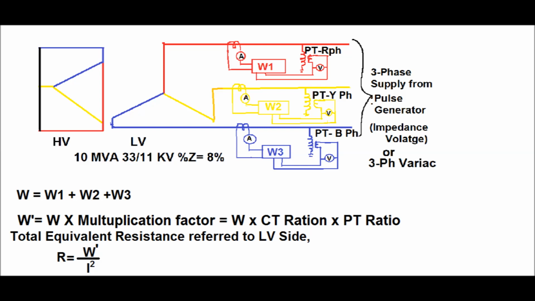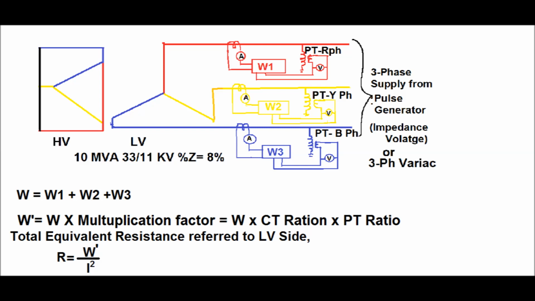Since the current taken to the wattmeter is from the secondary of the CT, and the voltage from the secondary of the PT, this multiplication factor should be applied to get the actual I square R loss in terms of the primary value. So W dash equals W into the multiplication factor, which is W into CT ratio into PT ratio.